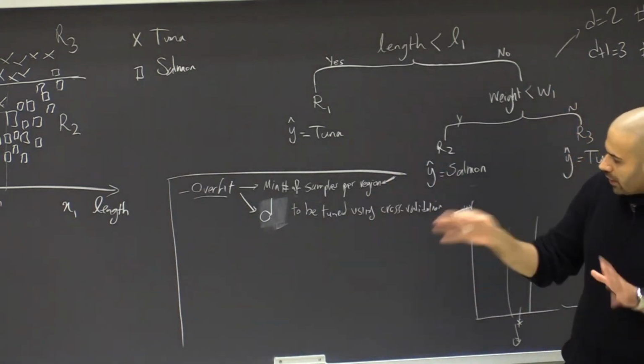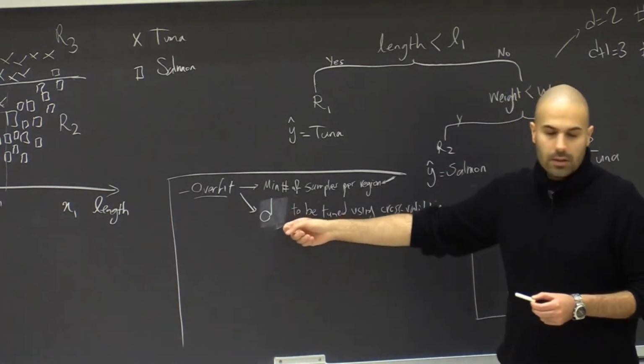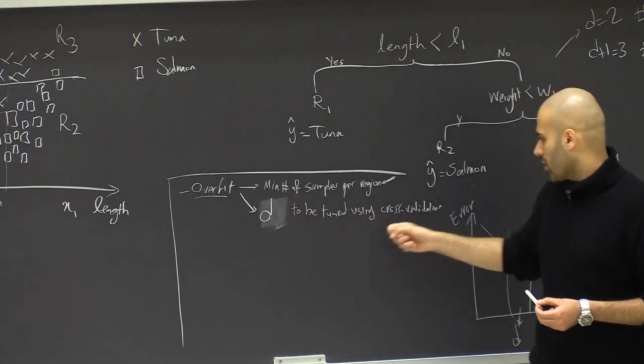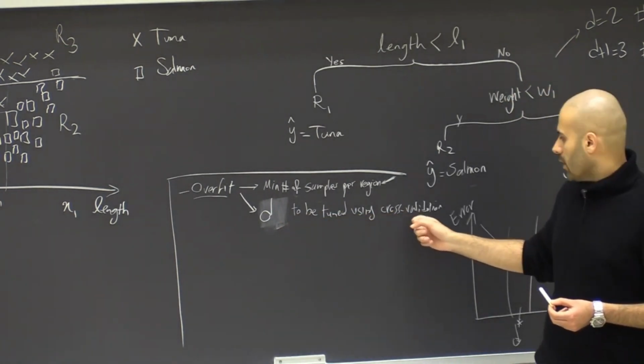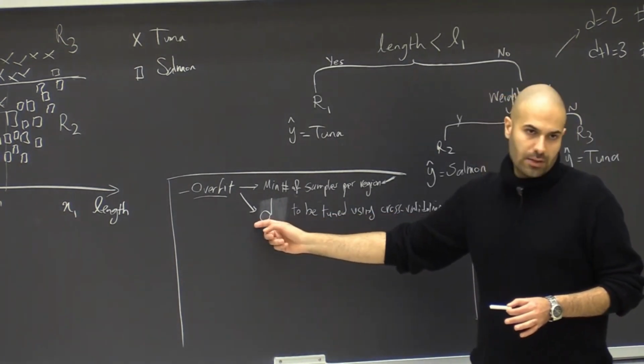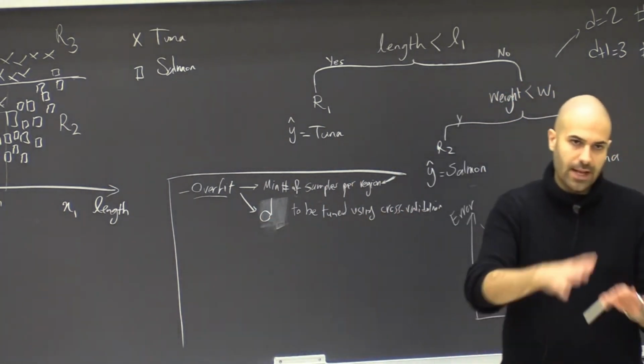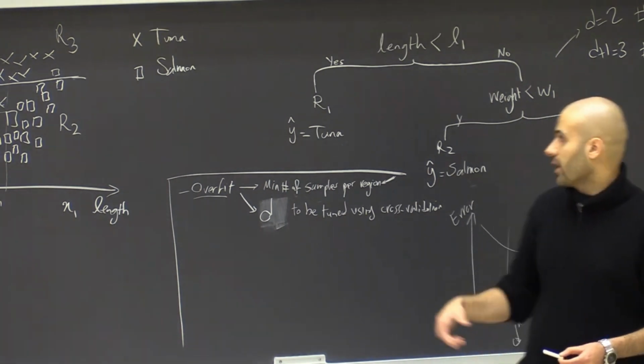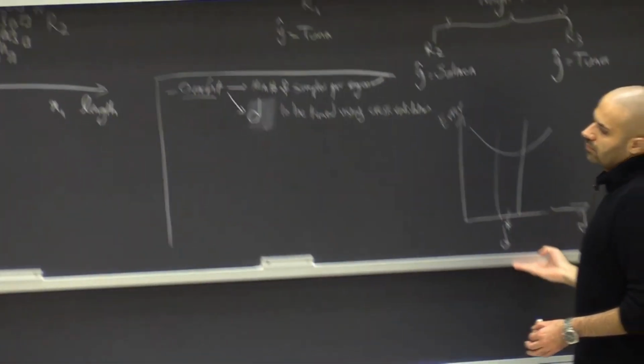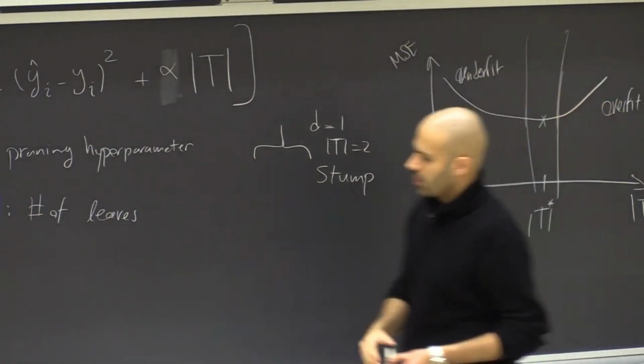Then I think the two alternatives are either tuning the number of splits directly using cross-validation, and then just growing the tree based on the suitable value of d. And then another idea is first growing the tree as relaxed as possible, and then pruning it back based on this idea, which is called cost complexity pruning.